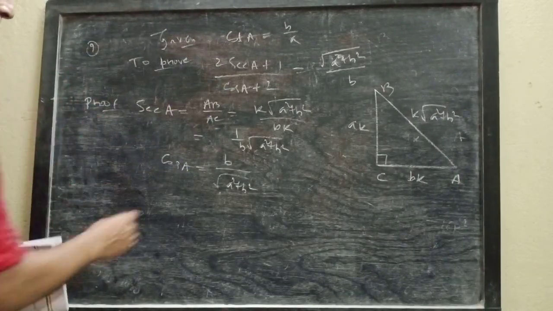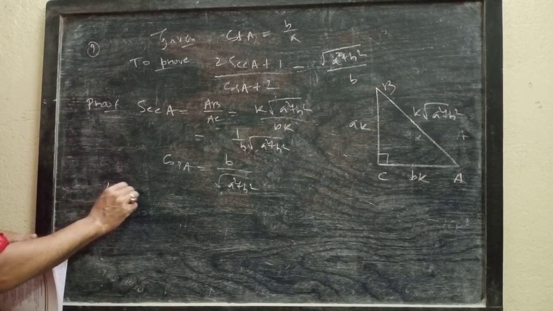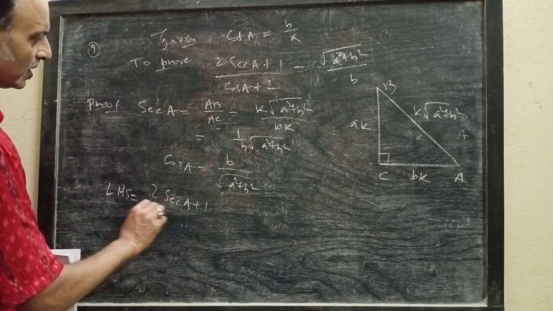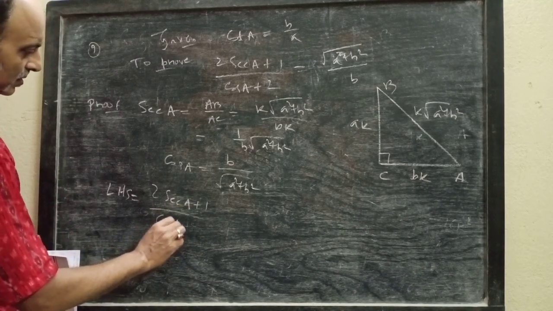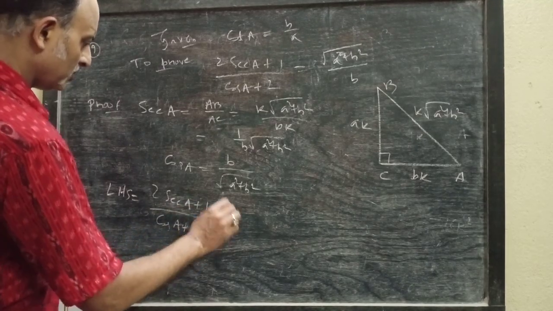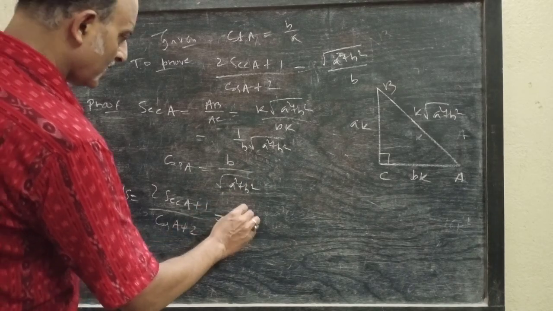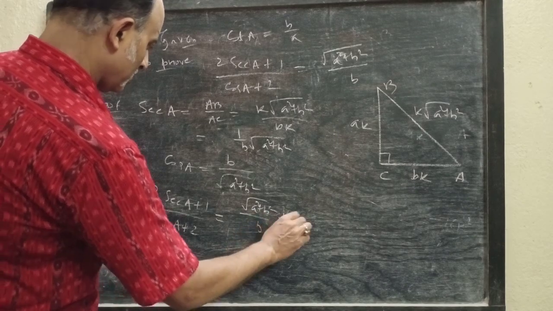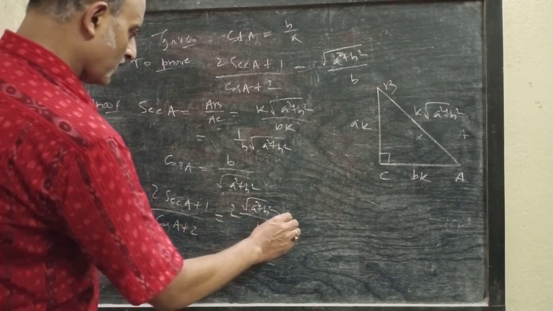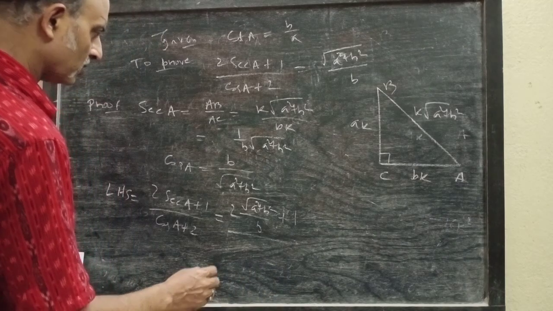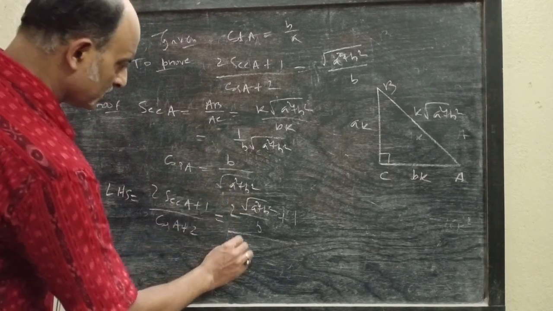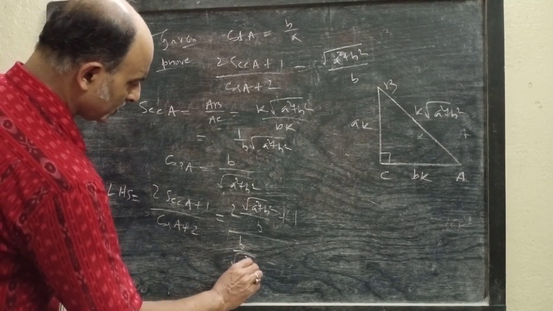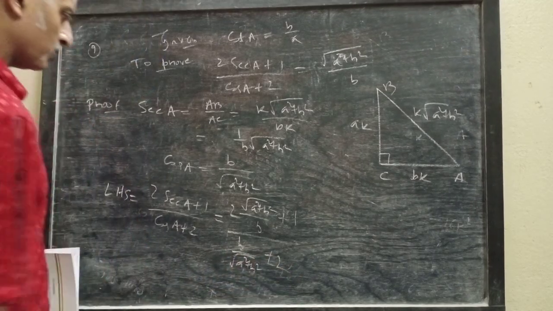Now LHS. LHS is 2 sec A plus 1 by cos A plus 2. Now substitute their values. Sec A is root over of a square plus b square by b, twice this, plus 1 by cos A, that is 1 by b by root over of a square plus b square, plus 2.